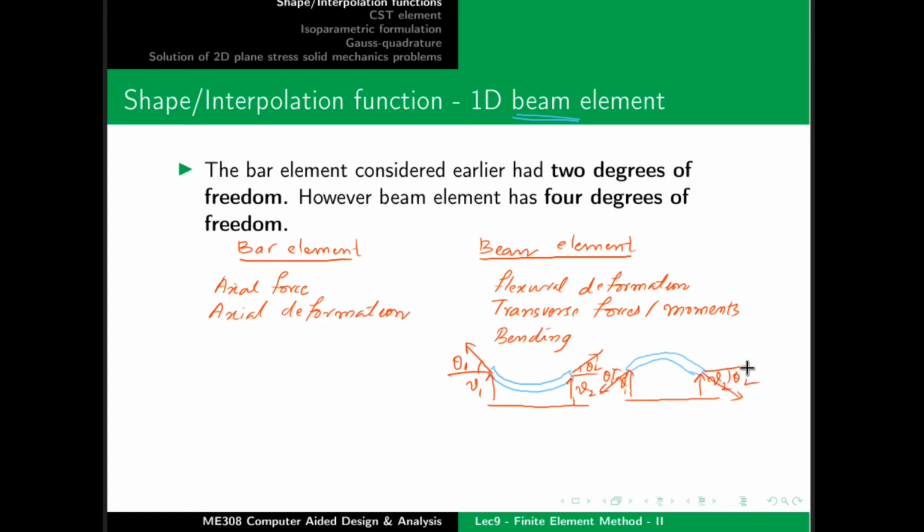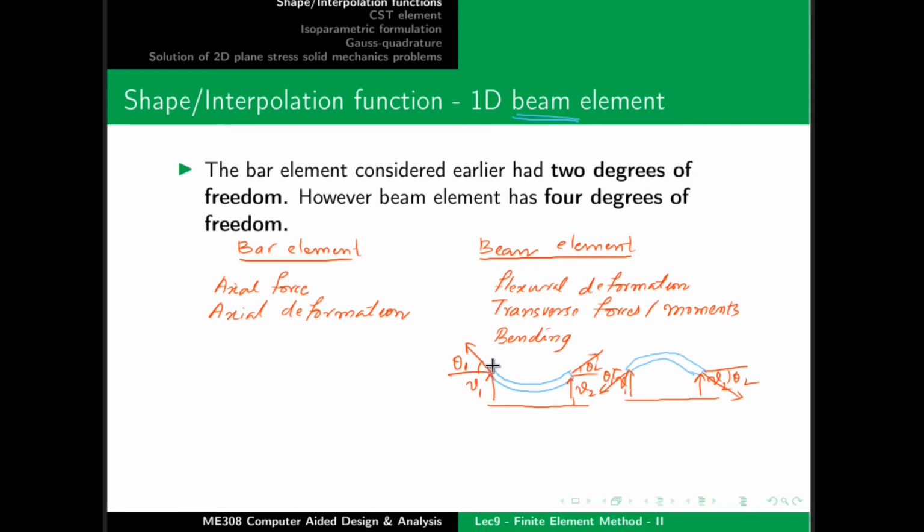Thus, we have 2 degrees of freedom per node. At the first node, we have V1 and theta 1, and at the second node, we have V2 and theta 2. So we have transverse deflection V and slope theta. Hence, we will have 4 degrees of freedom in total.